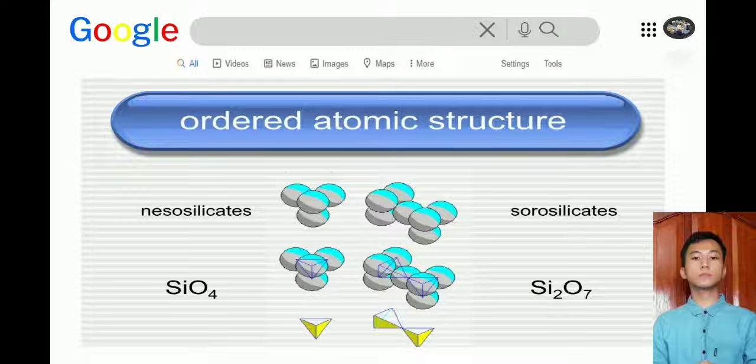Ordered atomic structure: nesosilicates, silicon oxide with 4 atoms; sorosilicates, silicon with 2 atoms and oxygen with 7 atoms.